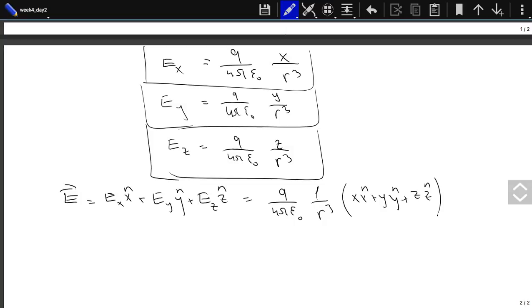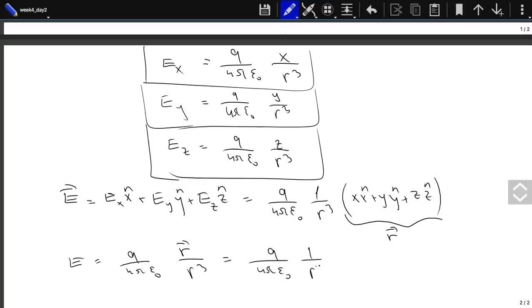Well, what is this vector? It is nothing but the position vector of the point that I'm studying. So this is nothing but the r vector. So the electric field is q over 4 pi epsilon 0, r over r cubed, or q over 4 pi epsilon 0, 1 over r squared in the r hat, because r hat is just the r vector divided by its magnitude.